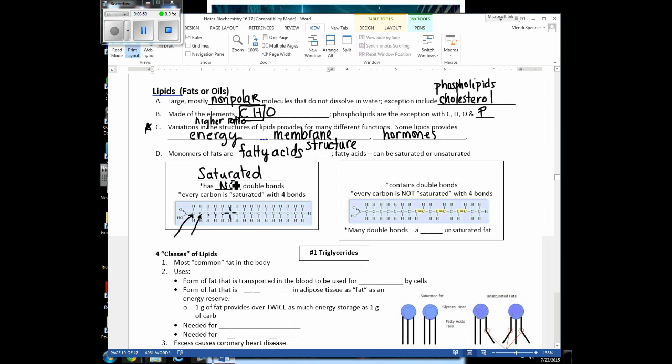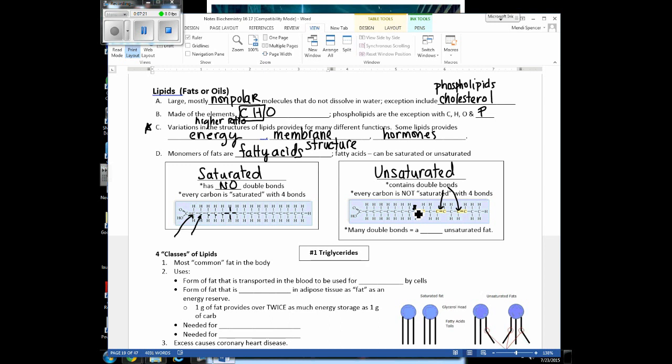So let's see what a double bond looks like. If we come over here to this chain, which is unsaturated, you see these double bonds. So here's a double bond, here's a double bond. If you think about it, this carbon atom has the ability to bond with another atom here, but it's only bound to 3 atoms, not 4. So we say that it's unsaturated.